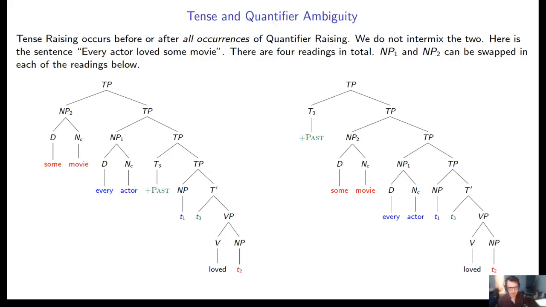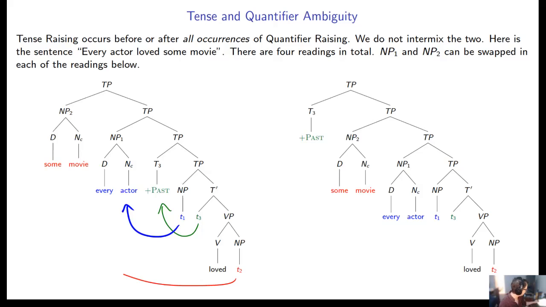So for example, in this case, first we move tense up. So that could be the first thing we do. Now that all tense raising is complete, then we can do quantifier movement. So then we can move every actor up, and then we can move some movie up.